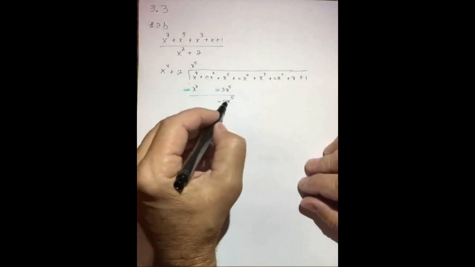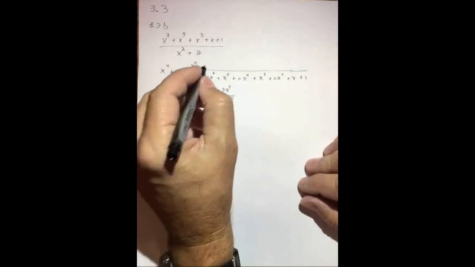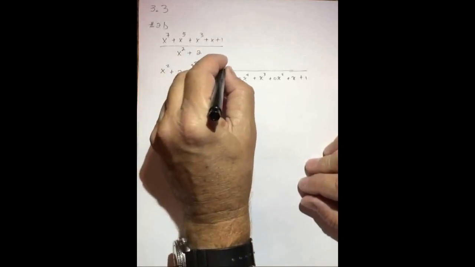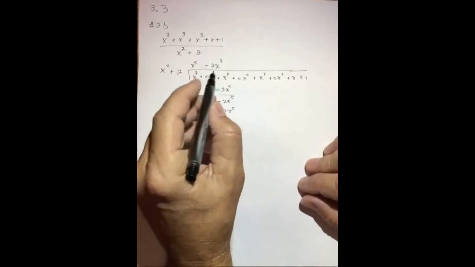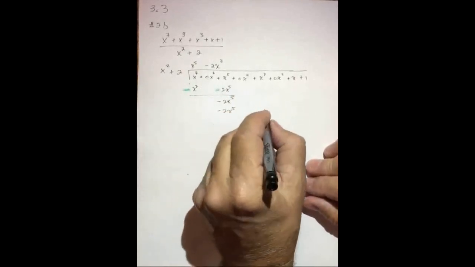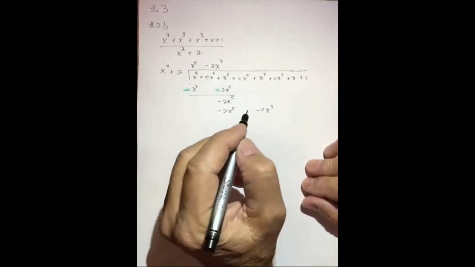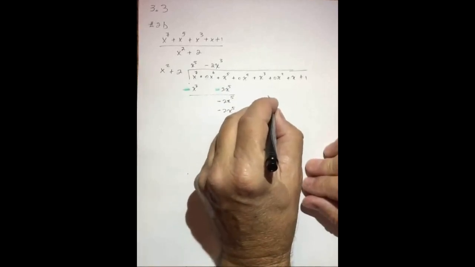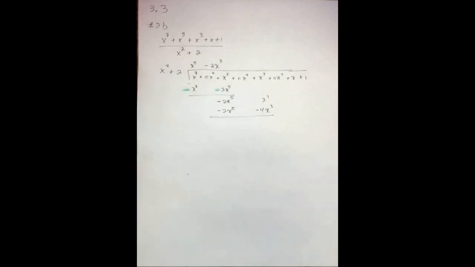Okay, now I've got an x squared. I need x to the 5th, so I'm going to have a minus 2x cubed. So that gives me a minus 2x to the 5th. And then what am I going to get here? I'm going to get a minus 4x cubed. So if you want to, you can bring this x cubed down here. All right, now what do we do?